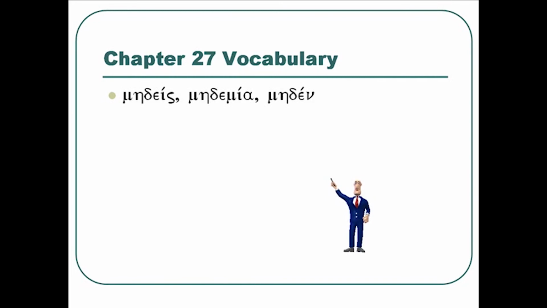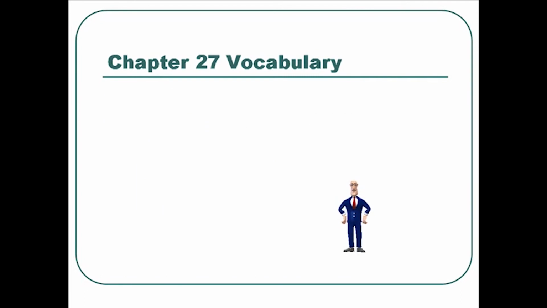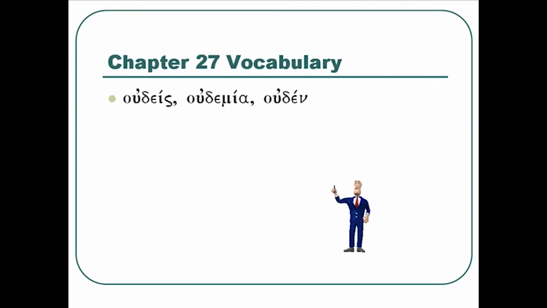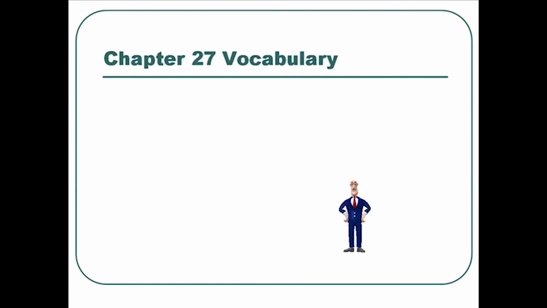The sixth word is medeis, medemia, meden, and it means no one or no. The seventh word is oudeis, oudemia, ouden, and it means no or no one.